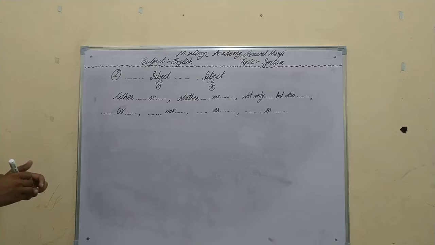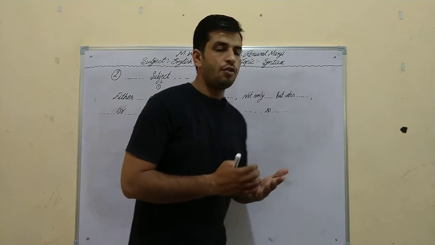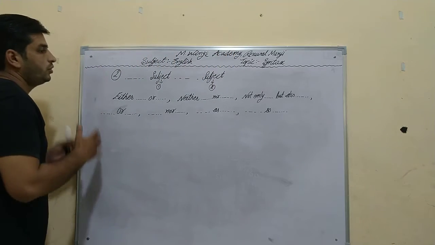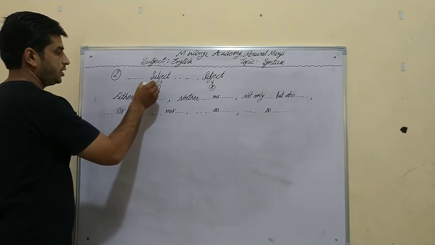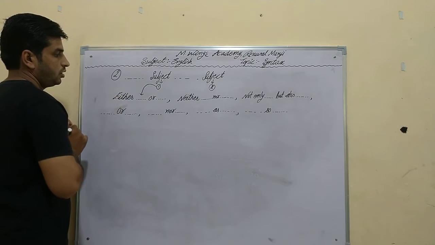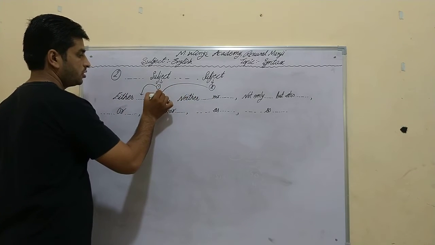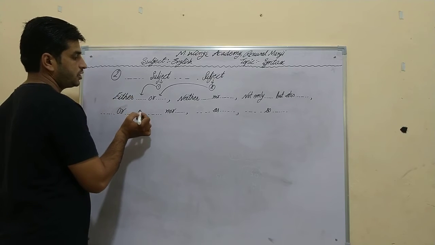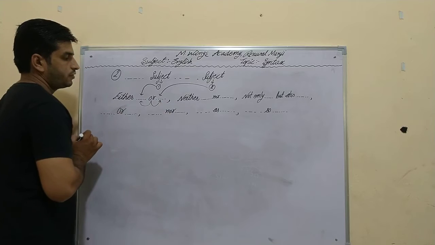If any one of these words is given in the question, then with these words we have two subjects. The first subject is put in the first fill in the blank and the second subject in the second. It means one subject is given before or and another subject is given after or.